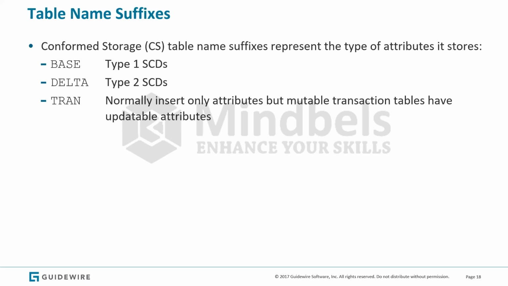Suppose we have 10 columns for a policy, and three columns which can be updated but will never really change, those go into the base table. The rest of the columns, which require change, for example a policy that gets renewed every year, go elsewhere.